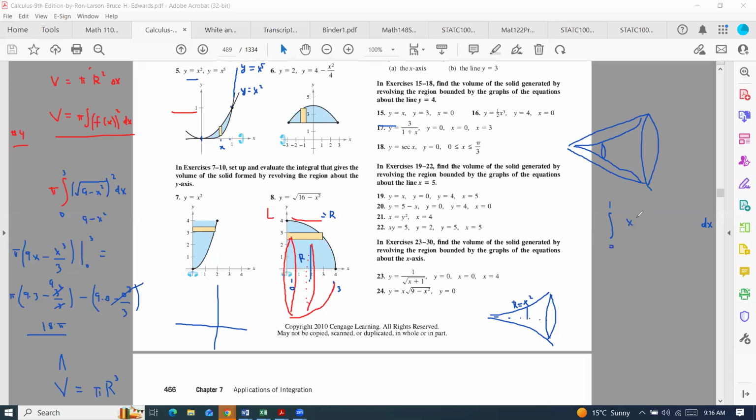So that'll be my capital R, which also needs to be squared because it's R squared, right? So that's capital R squared, and whatever it is, we just square it. And then the inside portion is going to be a little r, and little r is x to the power of 5, right?